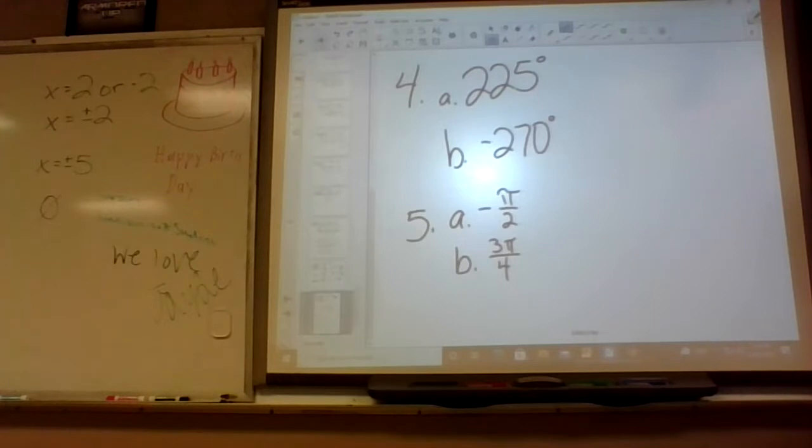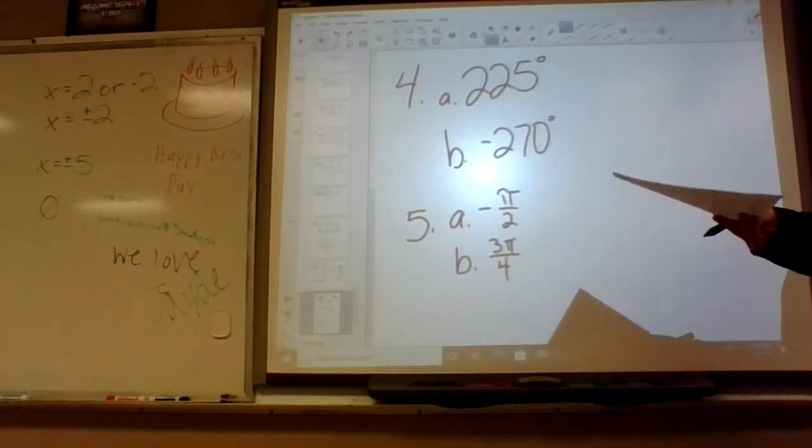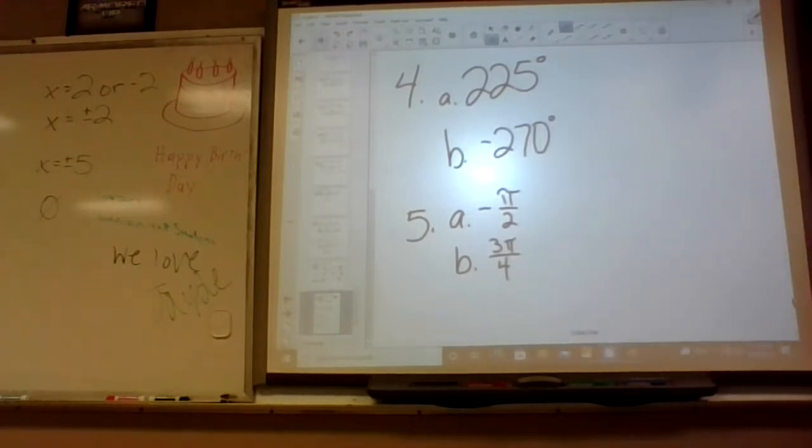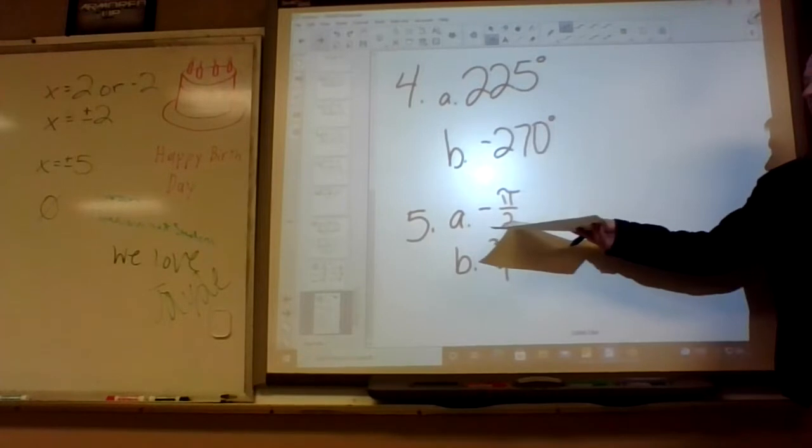Wait, Josh, does the calculator need to be in radians mode? Degrees times pi over 180 times 225, or is it? You don't need to change to degrees or radians until we get to the cosines and sines. Alright. So this is radians to degrees.